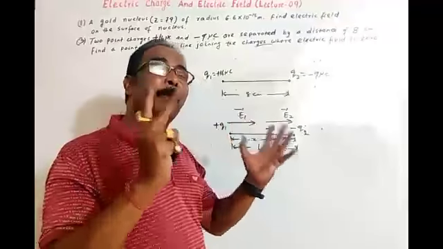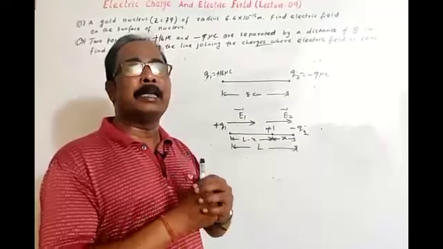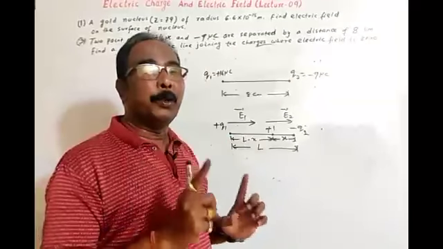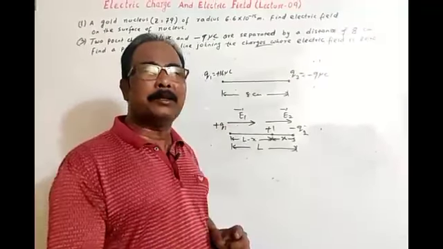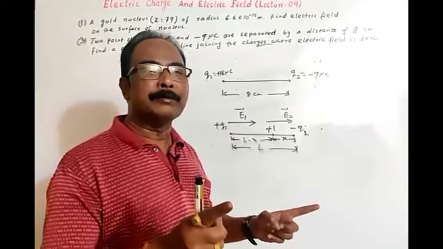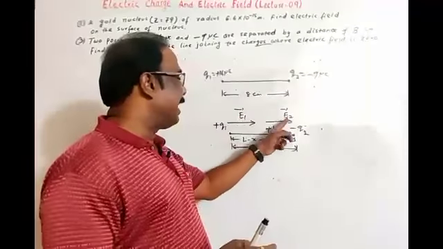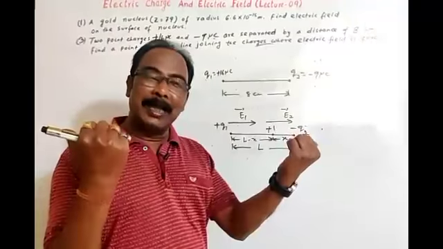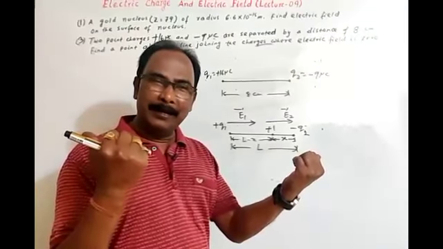But to have 0 resultant intensity, the basic condition is that if two vectors add up to give 0 resultant, the two vectors must be opposite in direction. If E1 and E2 were opposite, the angle between them would be 180 degrees.